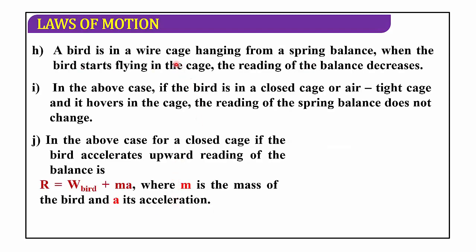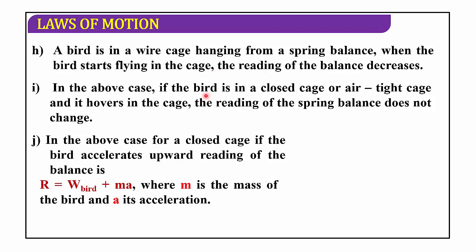Then next point, a bird is in a wire cage hanging from a spring balance. When the bird starts flying in the cage, the reading of the balance decreases. Suppose a bird is in a cage made of wire hanging from the spring balance, and the bird starts flying inside the cage; then the reading of the balance decreases.